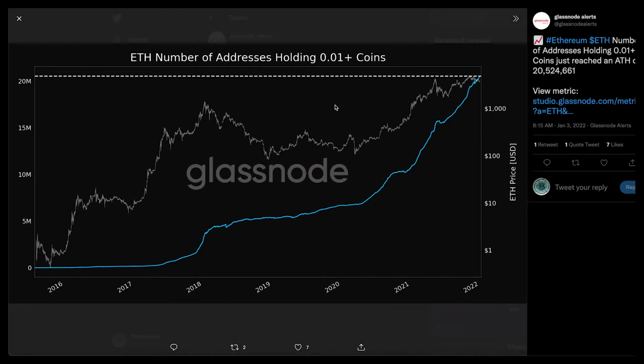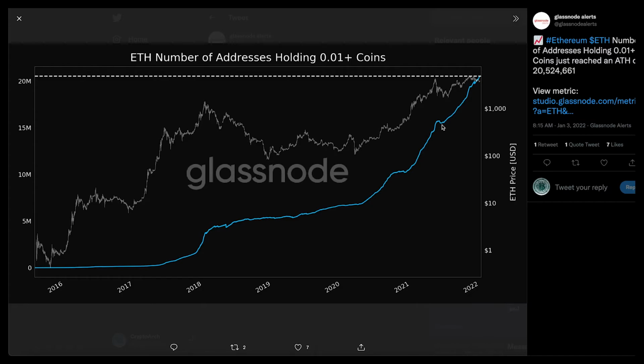Now, another chart that is interesting to me is the adoption of Ethereum, the number of Ethereum addresses holding 0.01 coins. Look at how this is going straight up in the last few months. And this tells me something.